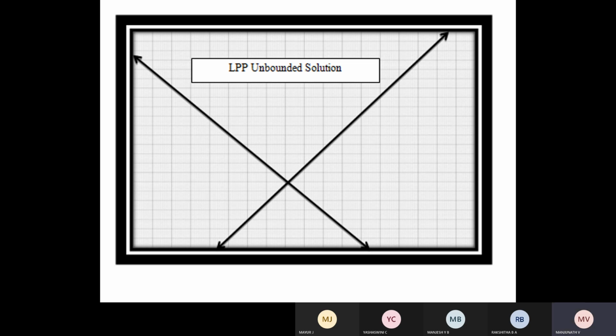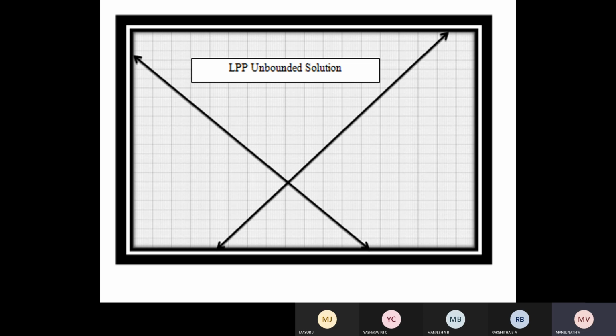Now you'll get these two vertically opposite areas. Look at this. This is one area, and this is the other area. Again, you'll get LPP unbounded solution.